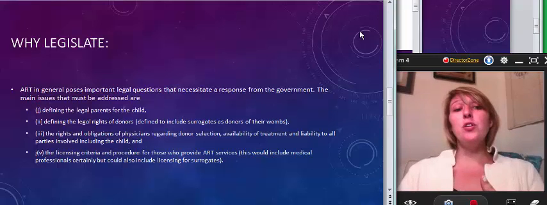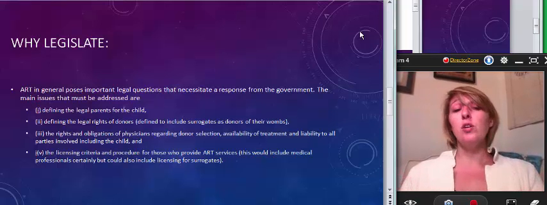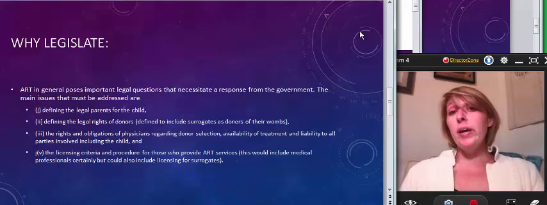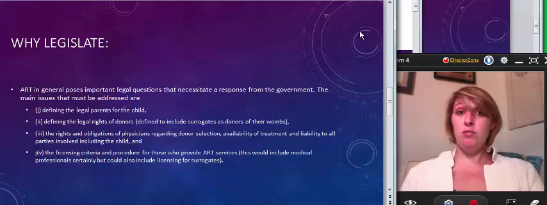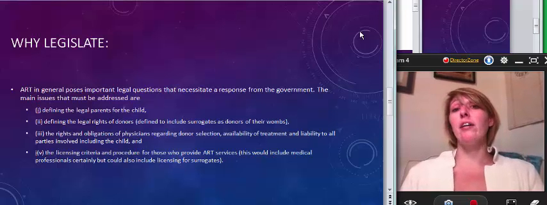And artificial reproductive technology in general produces a lot of legal questions. There are legal questions such as who is the parental unit for the resulting child? So who has primary parental rights over the resulting child?